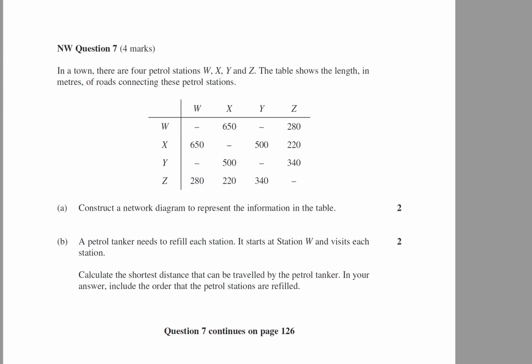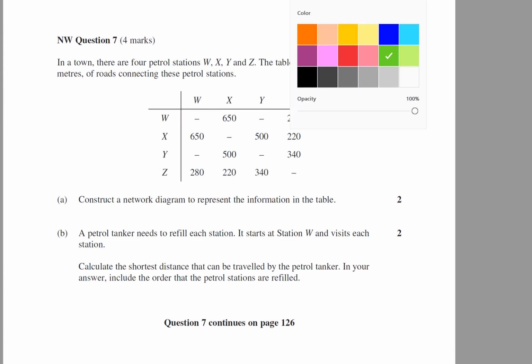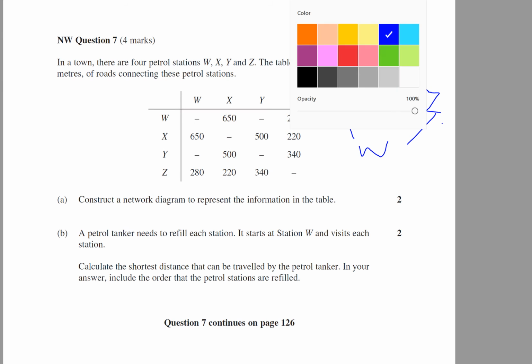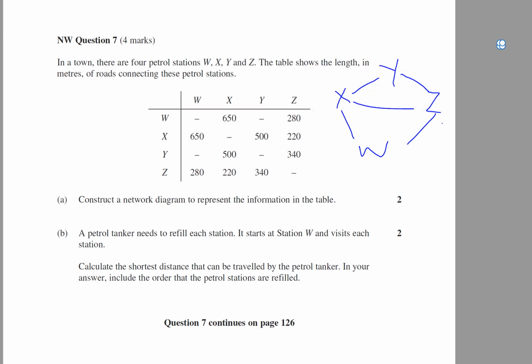Now we've got this question here again. So what I did here is I showed that I've got X to Y to Z and then to W. So I'm joining that to that, to that, to that, and then that. Using the table values, I can see that X to Y is 500.